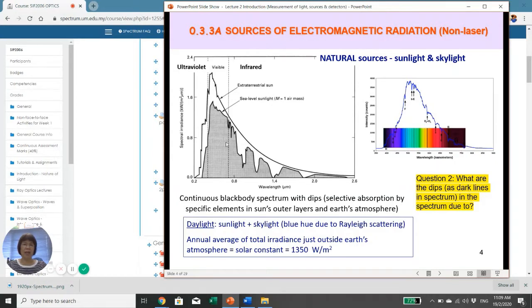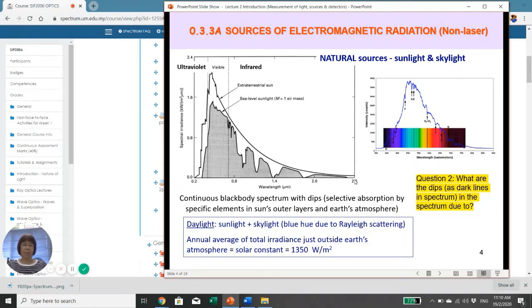And expanding the visible range here, at least narrowing it down, we have this curve here. And the color spectrum is also given here. So these dips will be seen as dark lines appearing in the colored spectrum here. As you can see, the spectrum here is a continuous spectrum.